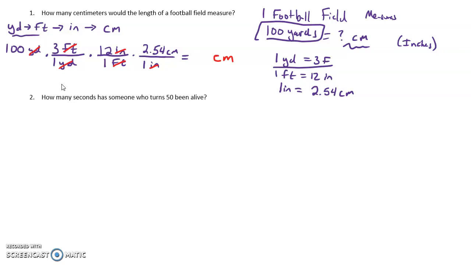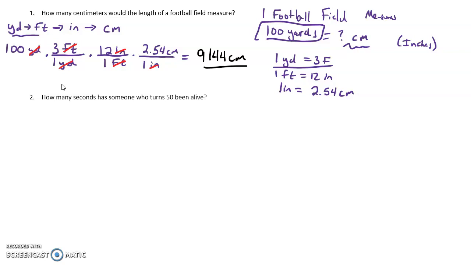Let me just check that one more time. 100 times 3 times 12 times 2.54 gives me 9,144 centimeters. And that's how we convert from yards to centimeters.